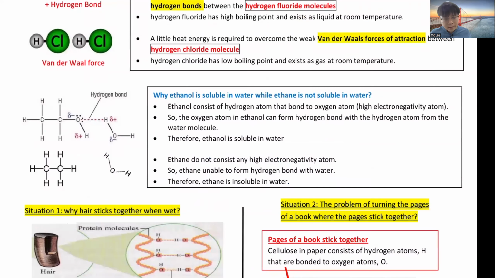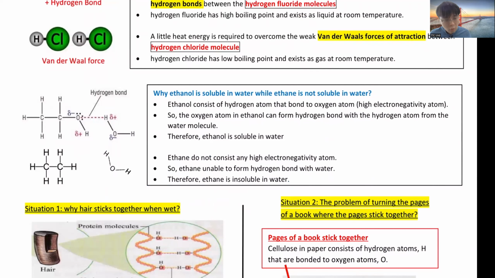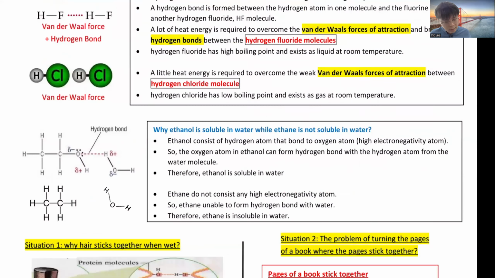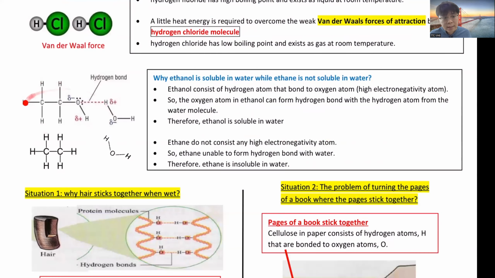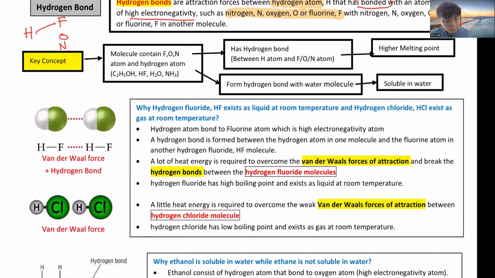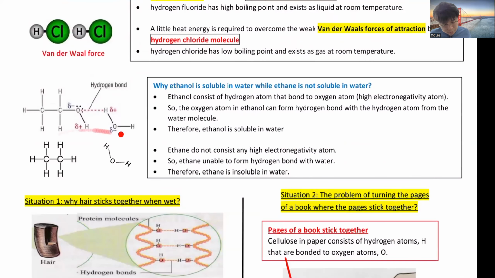Then another effect of hydrogen bond: normally covalent molecules are not soluble in water, as we have just learned in topic 7. But for example, ethanol has H connected to O, so it has hydrogen bond. So those molecules that can have hydrogen bond are able to dissolve in water.